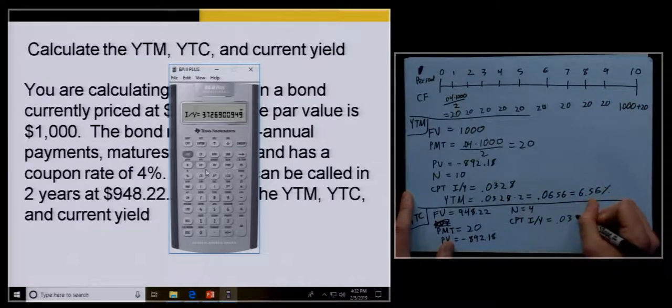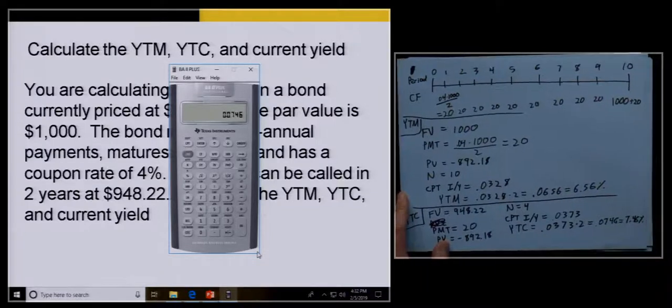So I'm going to put that in decimal terms. 0.0373. So our yield to call is just 0.0373 times 2. And what the heck, I'll use the calculator. 0.0746 or 7.46%.